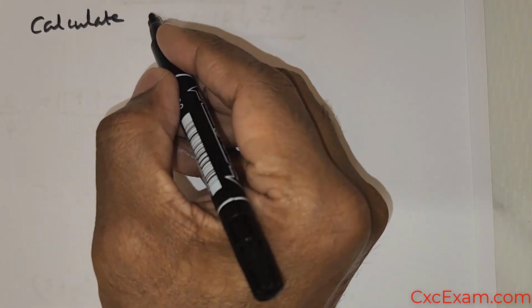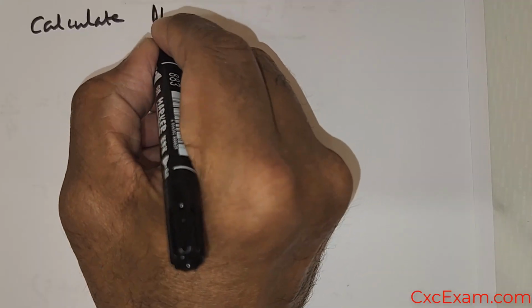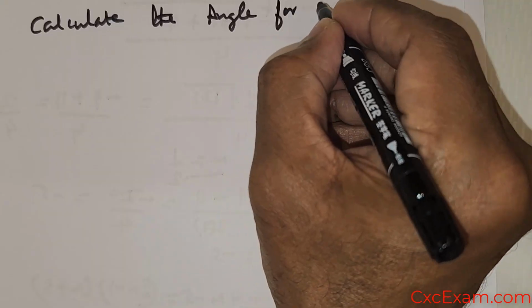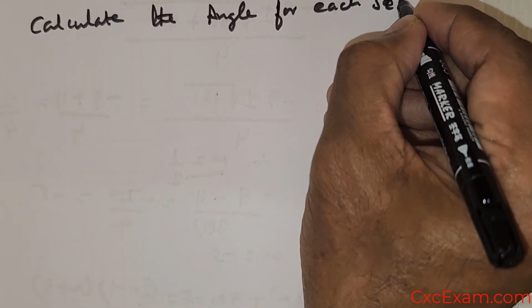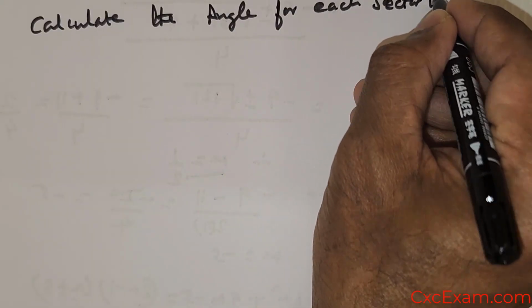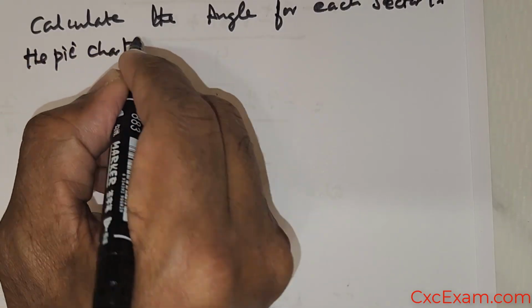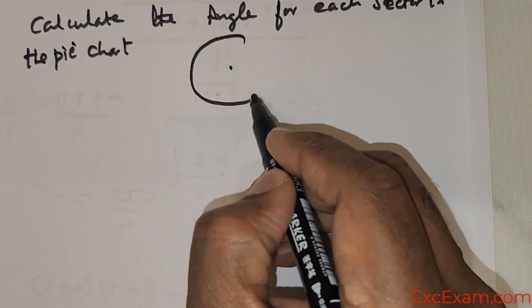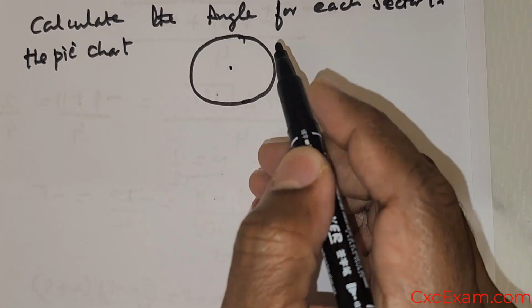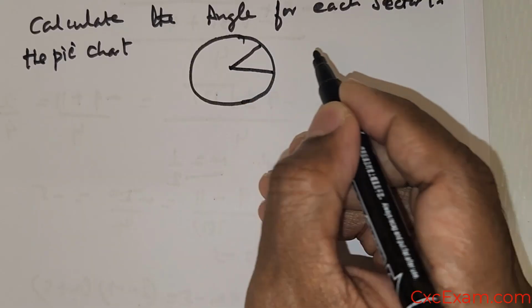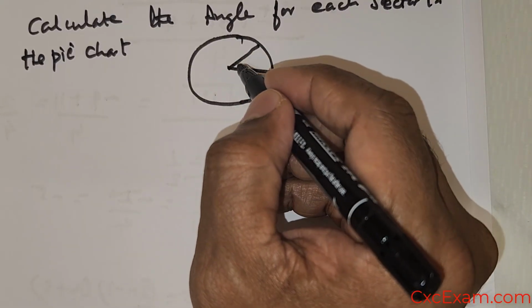Now students, this is the second part. We are asked to calculate the angle for each sector in the pie chart. That means we are asked to draw a pie chart, and in a pie chart we have to segment the regions.